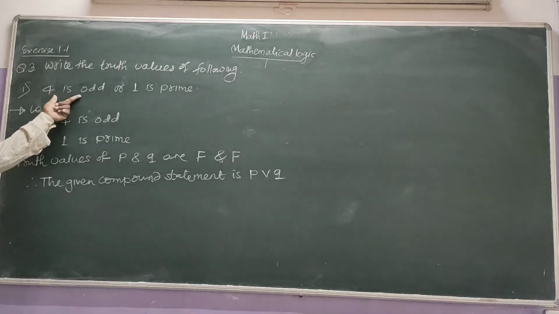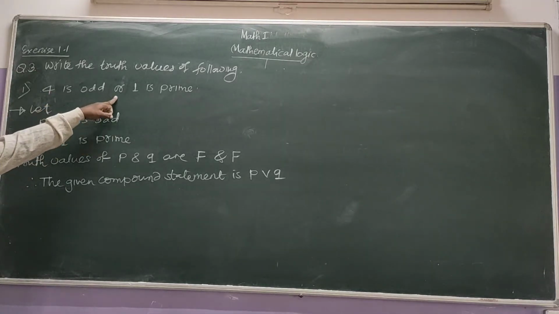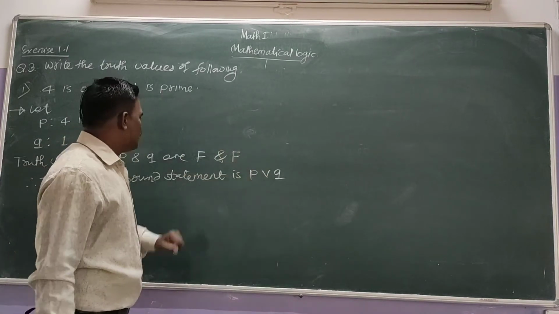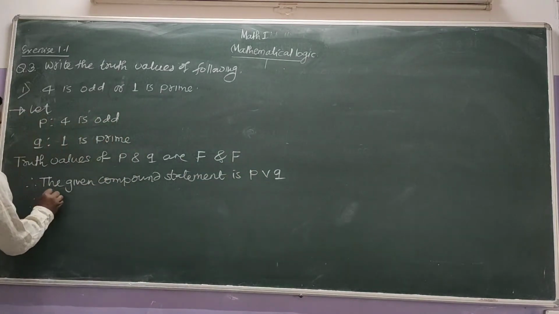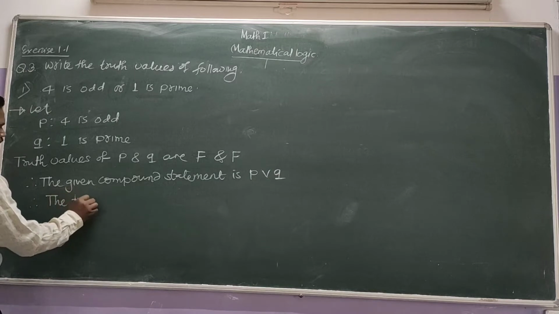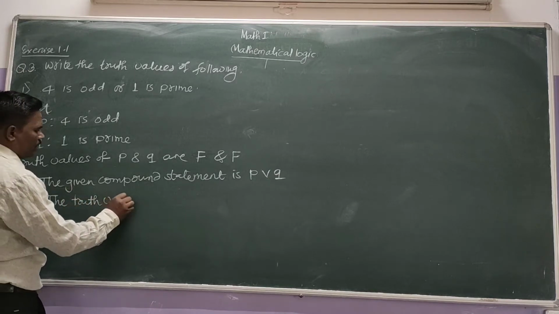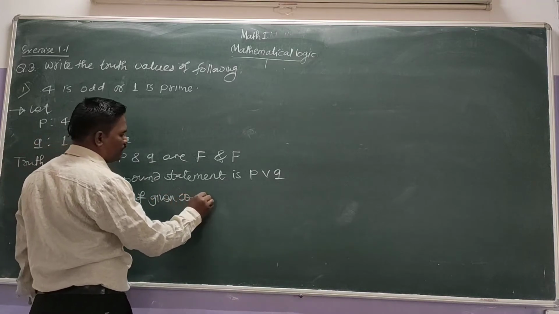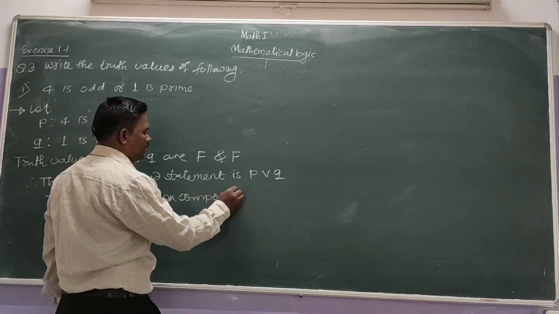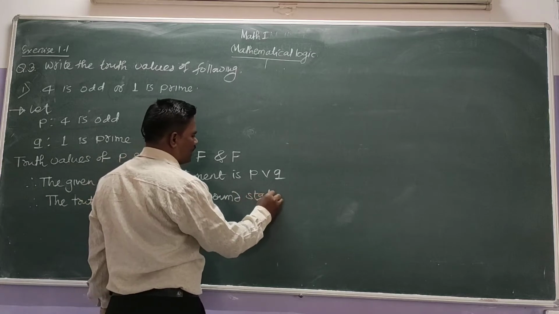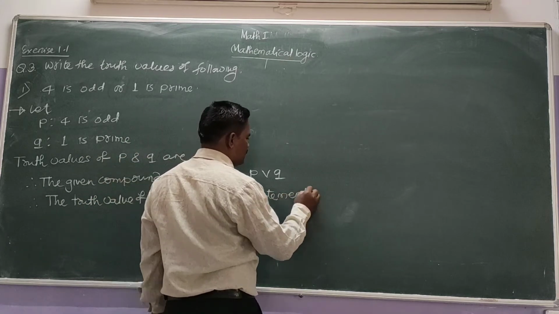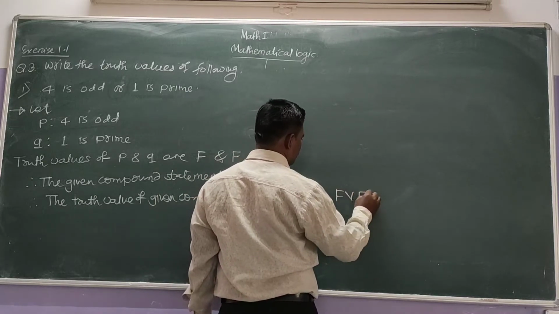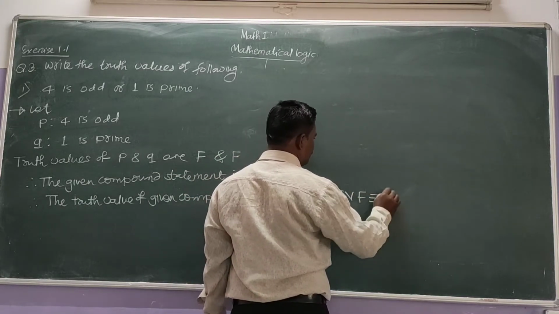4 is odd, that is the p. "Or" represents here the disjunction, and 1 is prime is q. Therefore the truth value of the given compound statement is false disjunction false, equivalent to false.